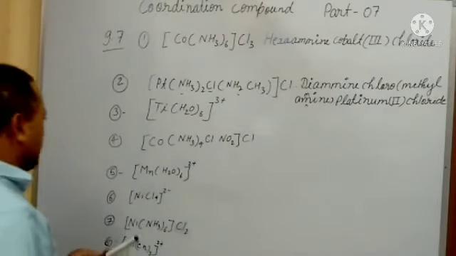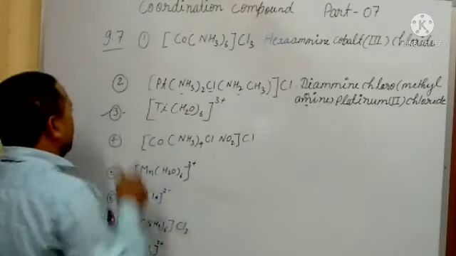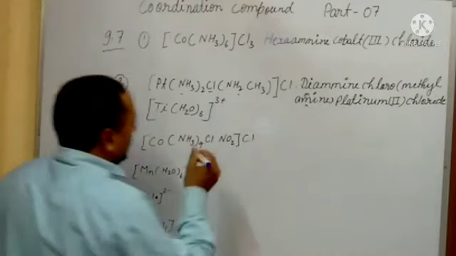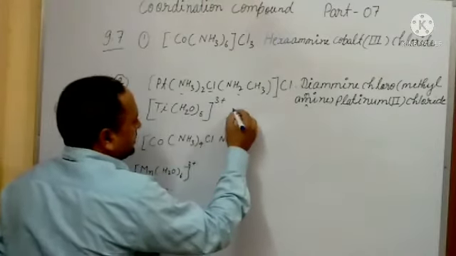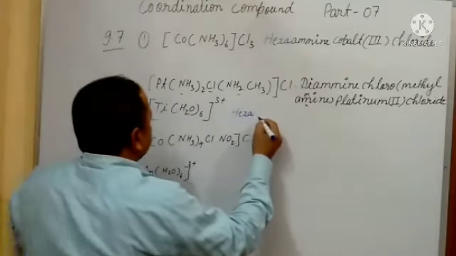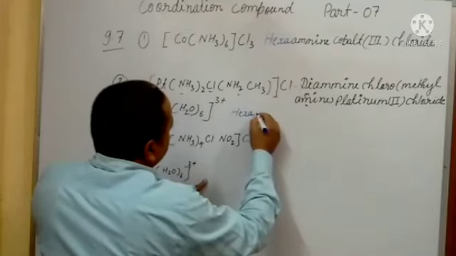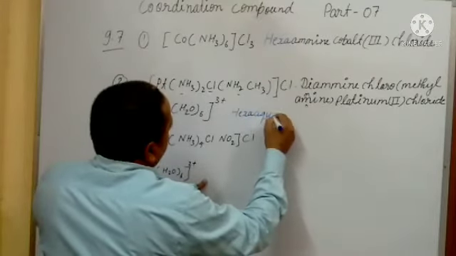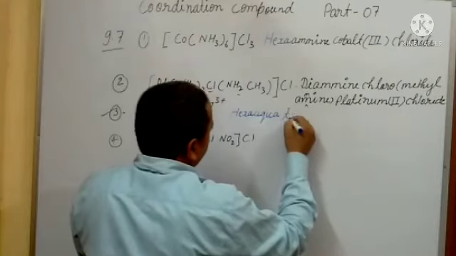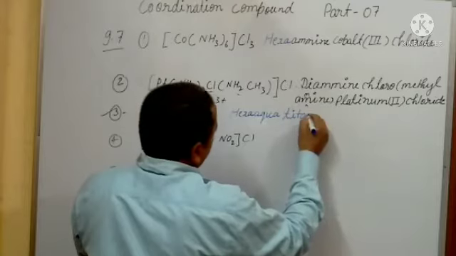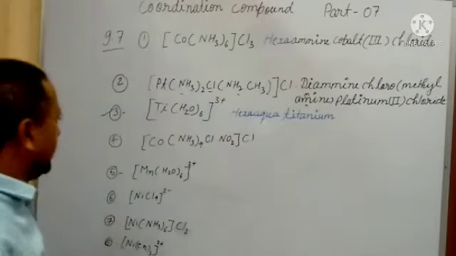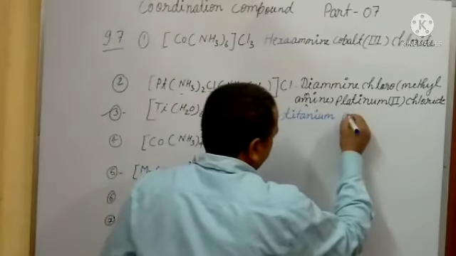Let us see the next compound, example number 3. Let us write how many ligands there are. 6. So we will write hexa, and for this we will write aqua. Hexaaqua titanium(III).